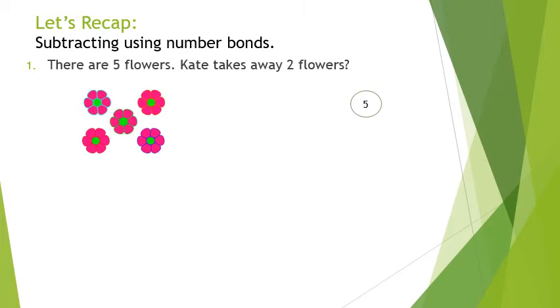See the number bond. In the first circle you have to write 5. In the second circle you have to write 2. And in the third circle your answer will come. Right? So you have to subtract 2 from 5.